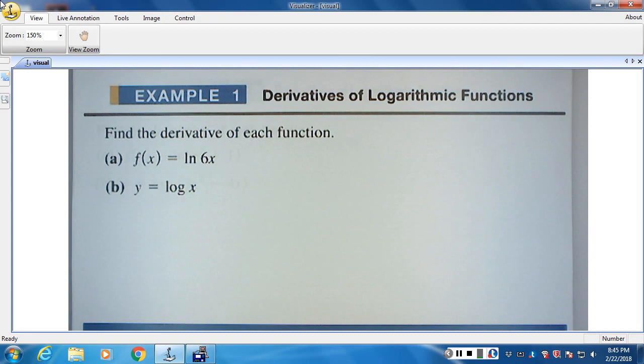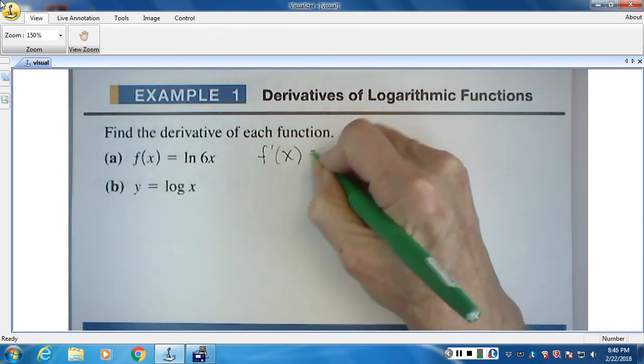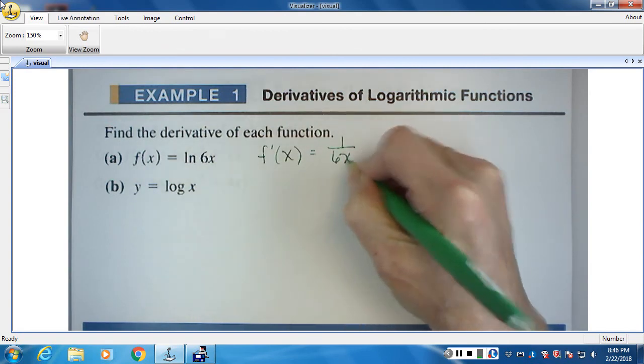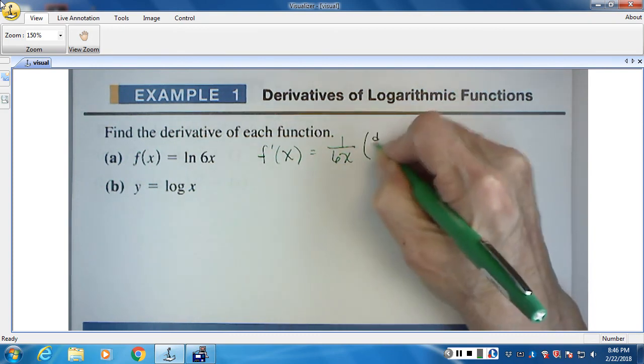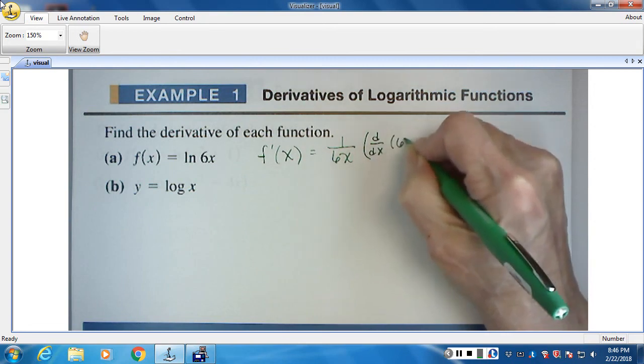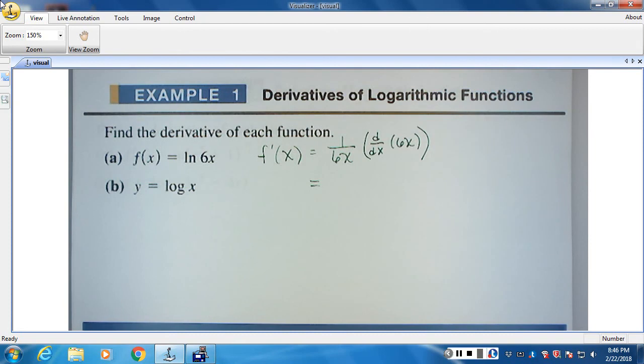So if you're taking the natural log of anything, its derivative is 1 over whatever you're taking the natural log of, with the caveat that since 6x is an inside function, you will need to multiply by its derivative. So what is the derivative of 6x? 6.